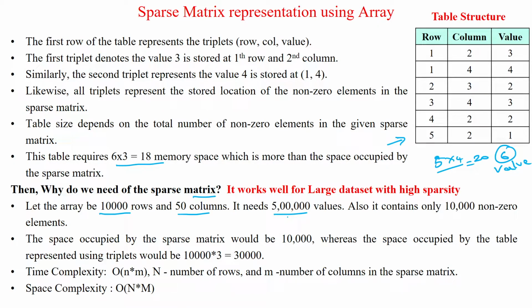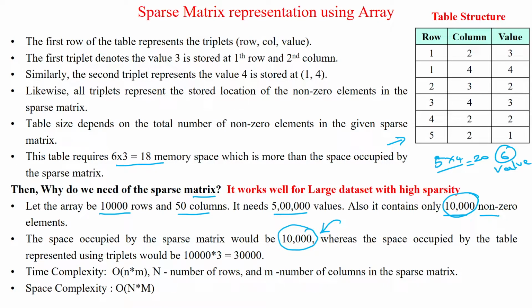But assume we have only 10,000 non-zero elements. If you have 10,000 non-zero elements, during the computation we will take only those 10,000 elements for accessing the non-zero values. So it will take fewer memory locations compared with other kinds of matrices.